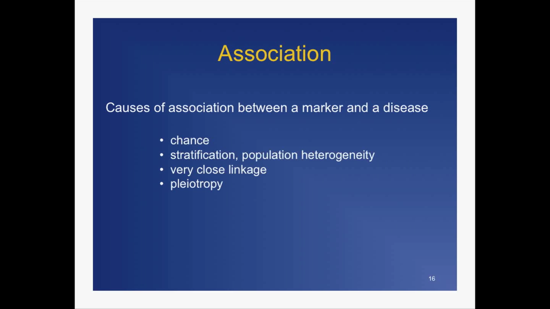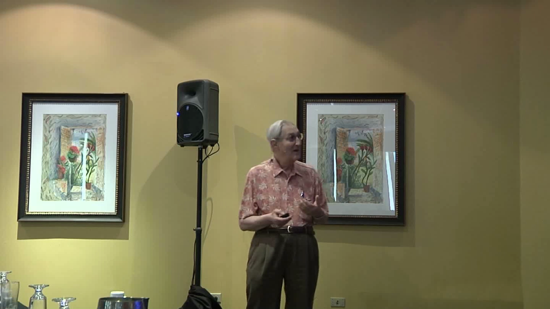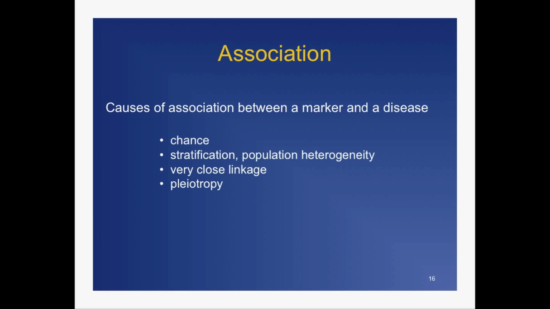Now, this is what everybody's into now. Association. It's the end of the world. Well, we thought it was maybe, I don't know, 5 or 10 years ago, and all of a sudden, yeah, it's produced something. What has it produced? We're not too sure. So what are the causes of association between a marker and disease? Well, it could be chance.